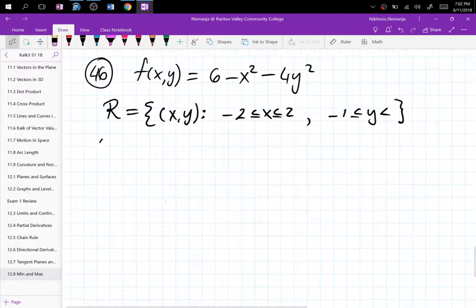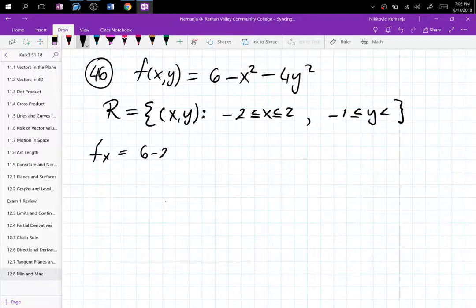So that's our information. We are going to quickly plow through the middle first and then deal with the edge. So fx is going to be negative 2x, and then negative 8y, so that's fy.